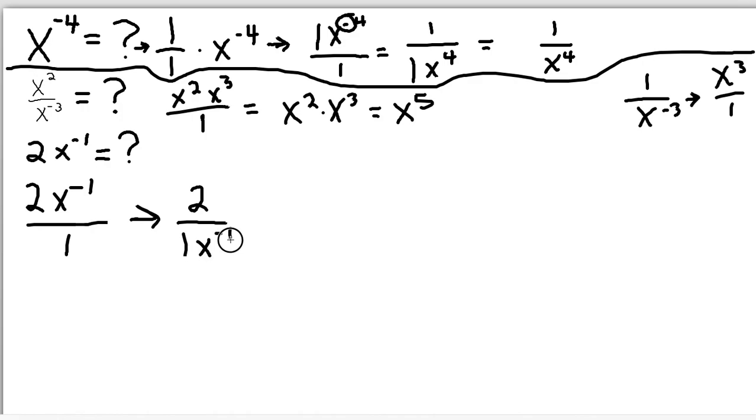But remember, this turns positive. So it's just x to the 1. That means we just have 2 over x, because 1 times x to the 1 is just x.